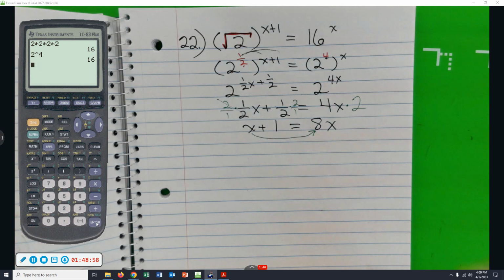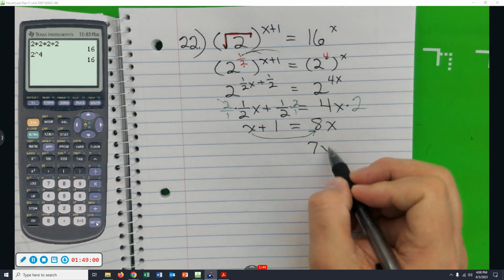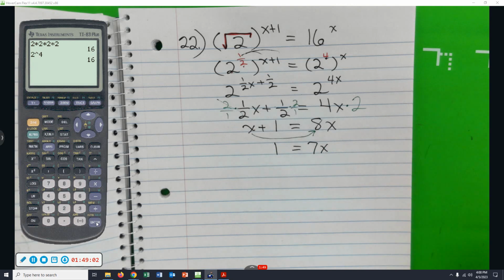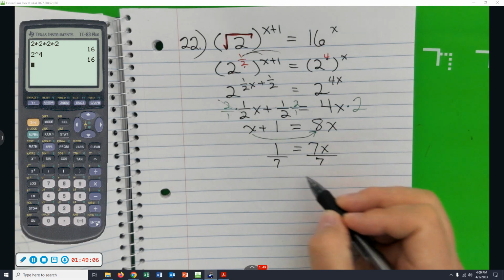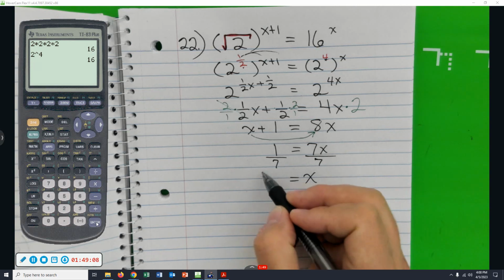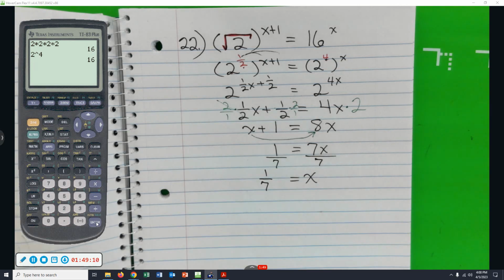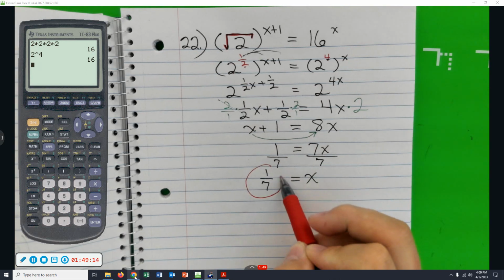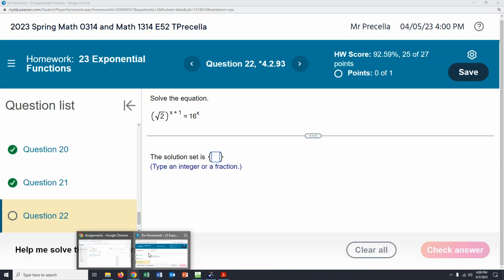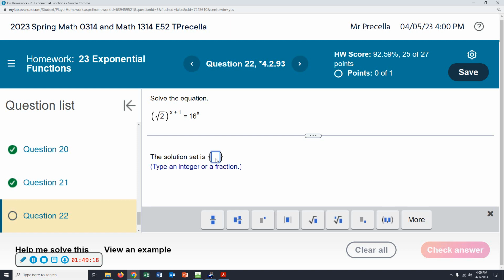So you have 7x equals 1. And divide by 7 to get x equals 1/7.